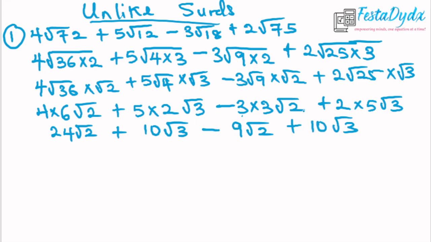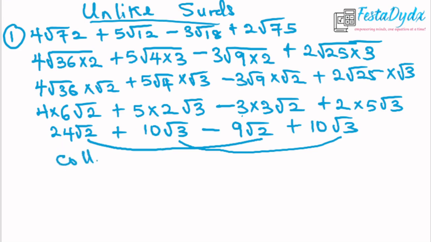So if we take note of this question, if we observe, we'll see that root 2 is here, root 2 is also here, root 3 is here, root 3 is also here. So root 2 and root 2 are like terms, root 3 and root 3 are also like terms, but root 2 and root 3, they are not like terms. This is where the unlike surd comes in. So now let's collect like surds.